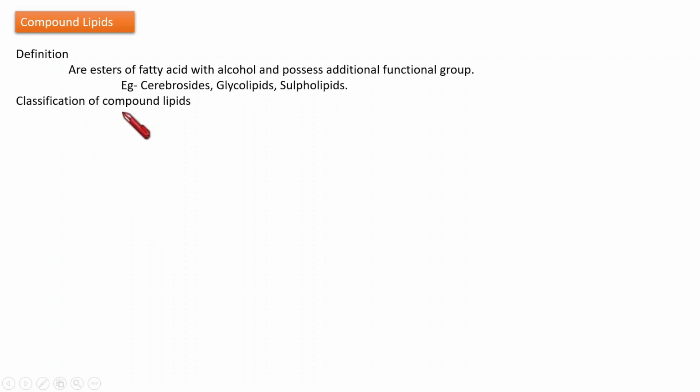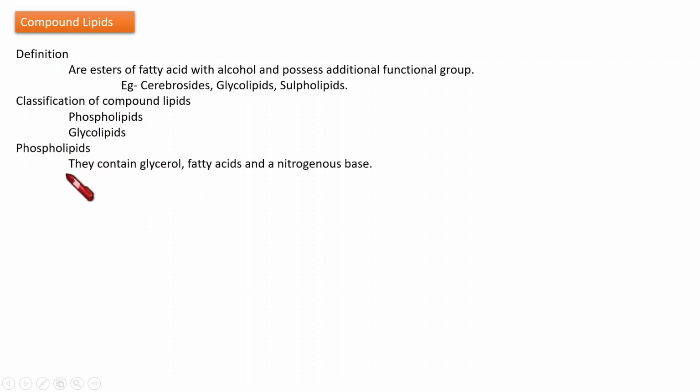How can we classify these compound lipids? Mainly as phospholipids and glycolipids. First, we are going to see about the phospholipids. Phospholipids contain glycerol, fatty acids, and a nitrogenous base also.